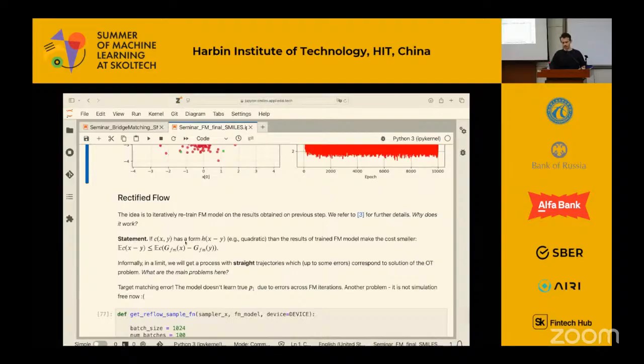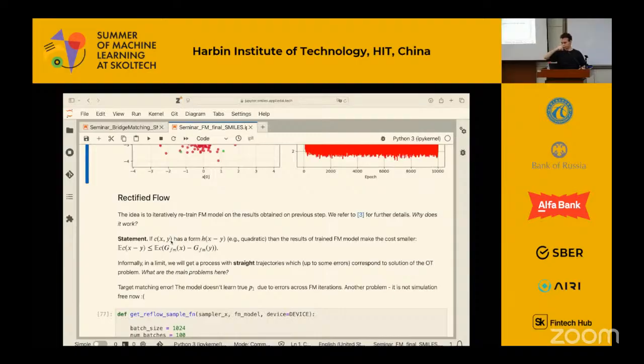So this can be more rigorously formulated as follows. Basically, the straightening of trajectories is equal to minimizing some kind of quadratic cost function between your samples from x0 and x1. So if you have samples x0 from one distribution and you want to minimize some quadratic cost of transporting to the distribution P1, then minimizing this quadratic cost is basically the task of finding the shorter path to the distribution P1.